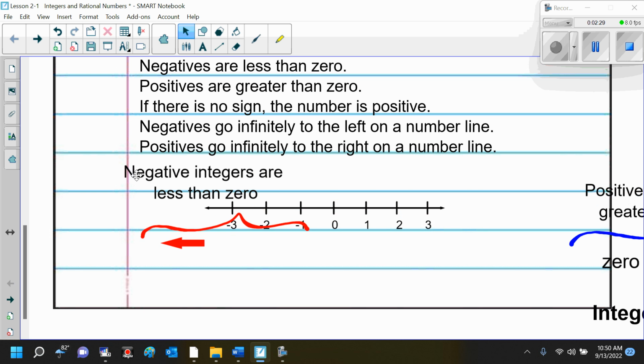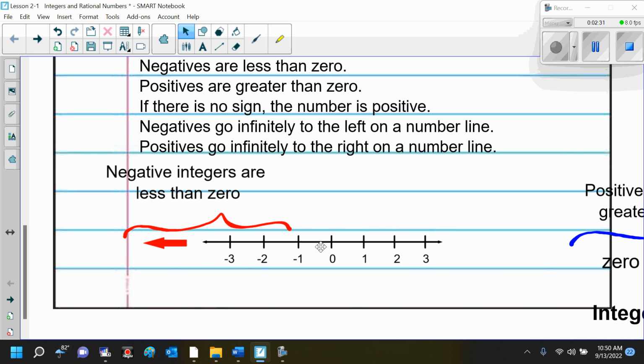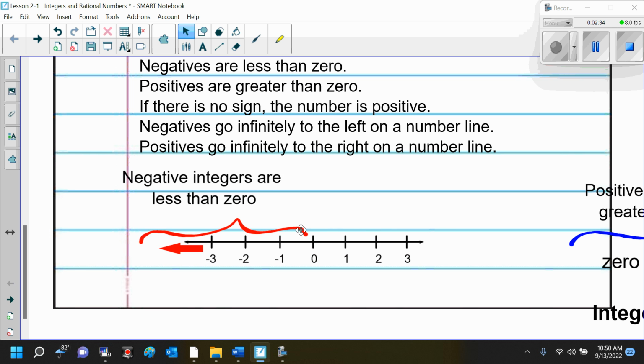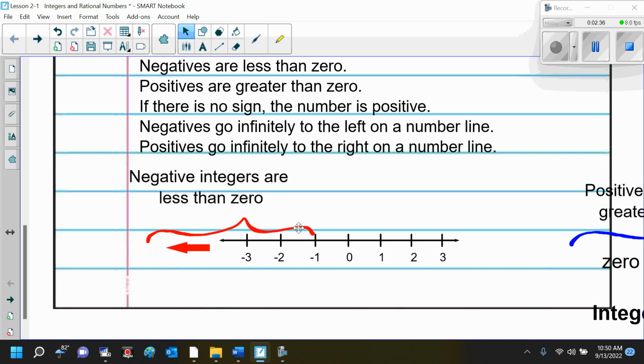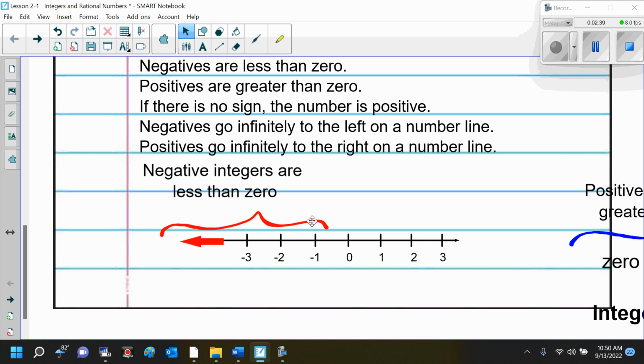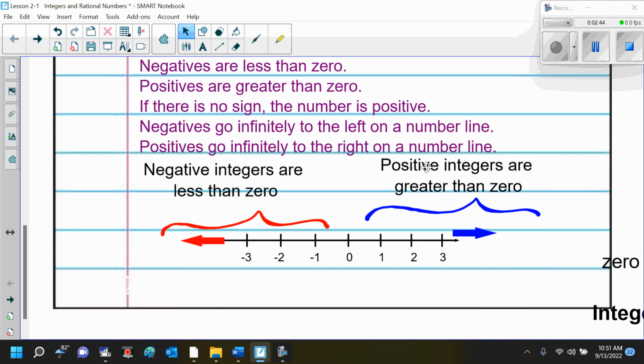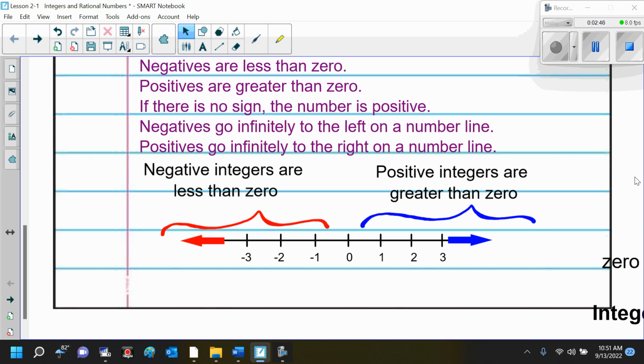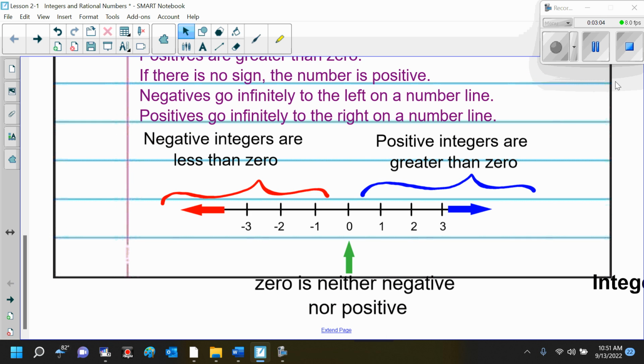So, we said that the negatives are less than 0. Positive integers are greater than 0, and 0 right there is neither negative nor positive.